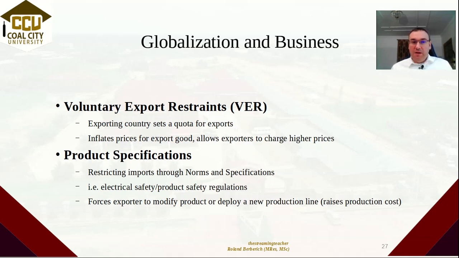Simple as that. So what that does, it creates an imperative for the exporter to modify either the product or develop a whole new production line, which is more costly for them, doesn't do anything in the domestic market, but as a consequence makes the product relatively more expensive, and sort of dilutes any other advantage that they may have.